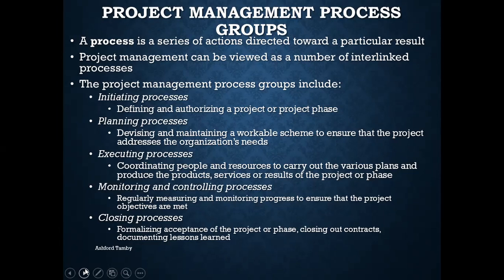At the end of it, this is what you want to achieve, right? So the processes in each process group include the 5 process groups, which are initiating, planning, executing, monitoring and control, and the closing process group.